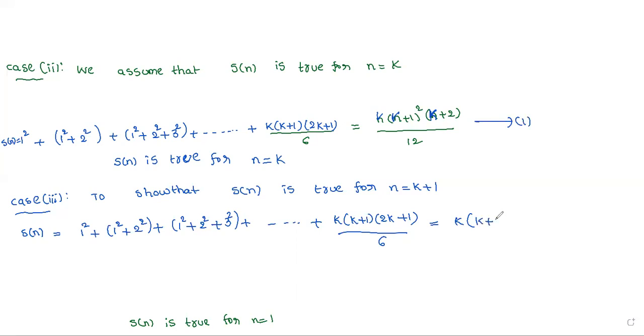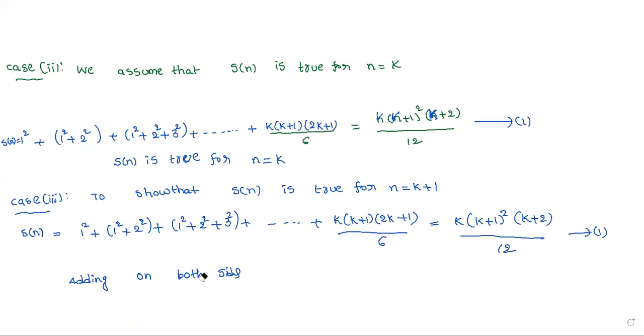k into k plus 1 whole square, k plus 2 by 12. Adding on both sides. First, we observe the LHS.